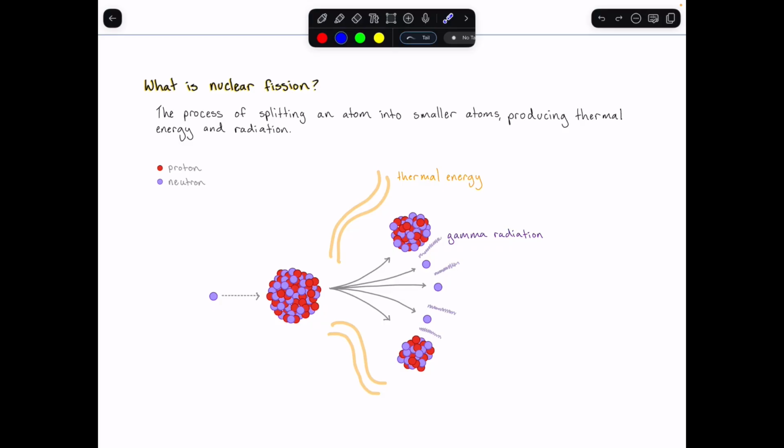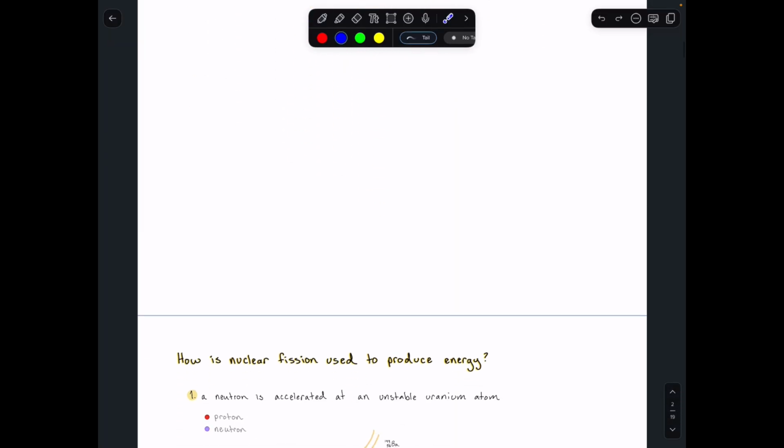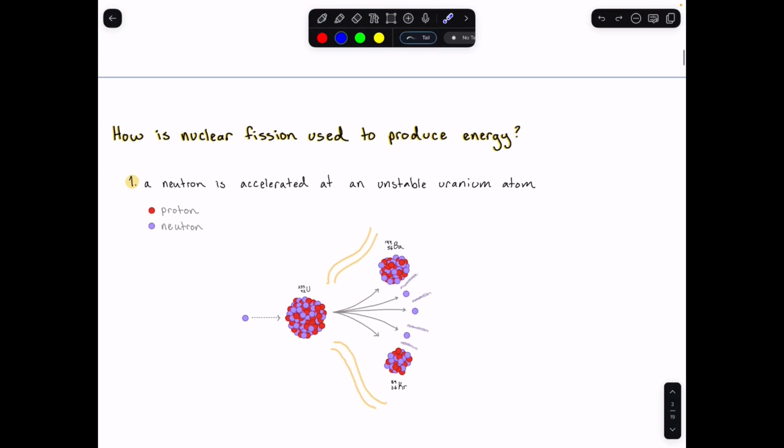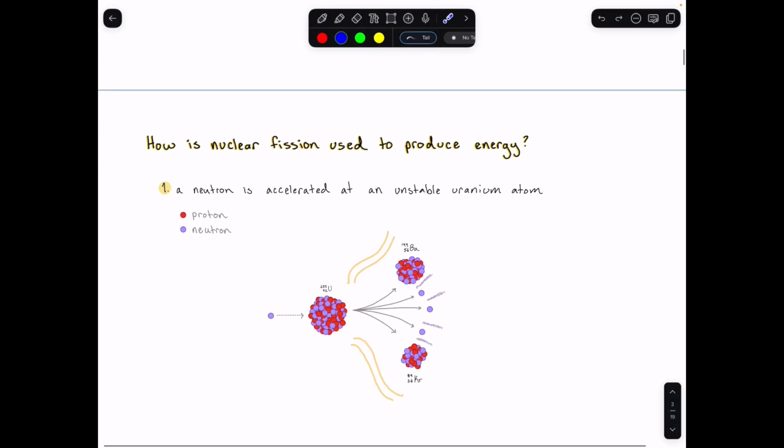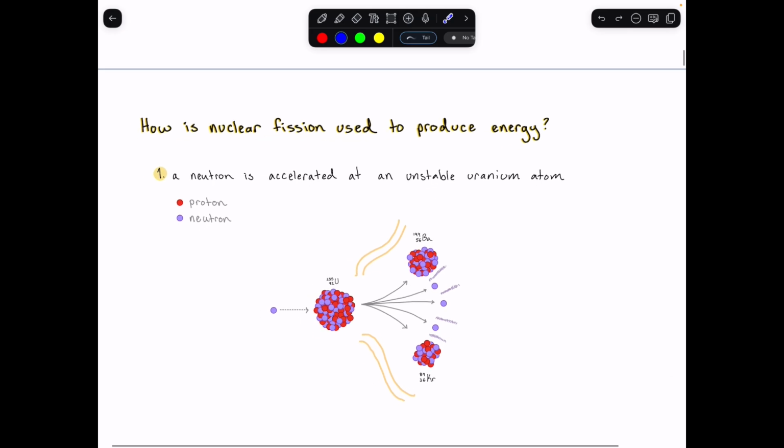But now let's take a look at nuclear fission to produce energy, specifically for the electricity industry. Here we have this same diagram, but now it's been labeled. In the context of the electricity industry, when nuclear energy is harvested to generate electricity, the element that is typically used is uranium-235, which in shorthand is referred to as U-235.